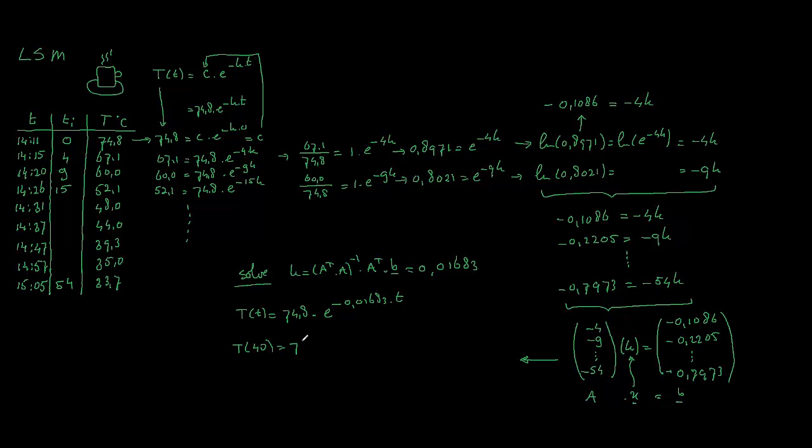Well, just fill it in. 74.8 e to the power of minus 0.01683 times 40, and that will give you something like 38.3 degrees Celsius. Have a look. 40 is, well, I have to work back. This is a 46, this is a 36, a 26, and a 20. So minute 40 will be somewhere between here. I have 38. Yeah, could be possible.